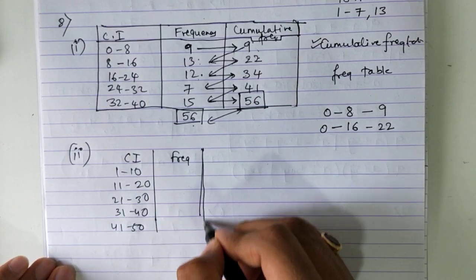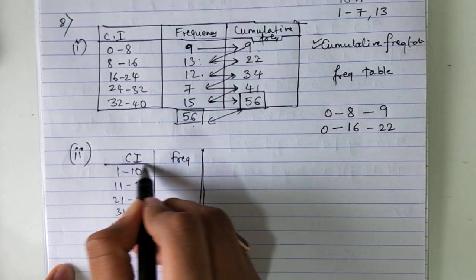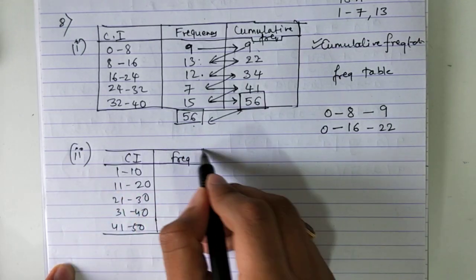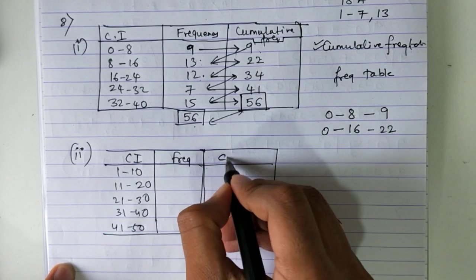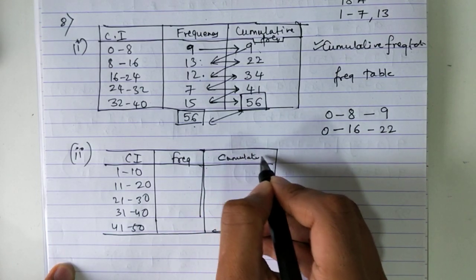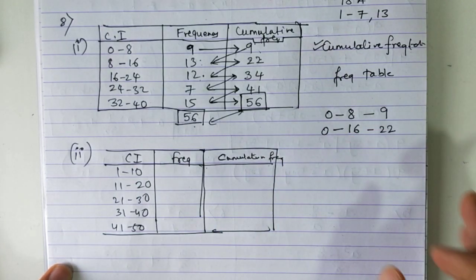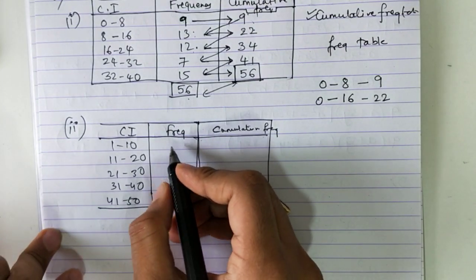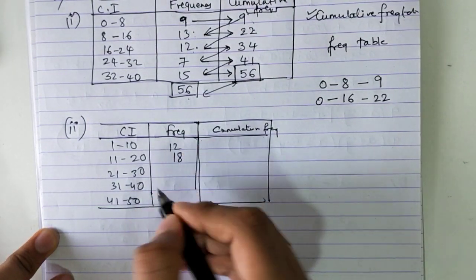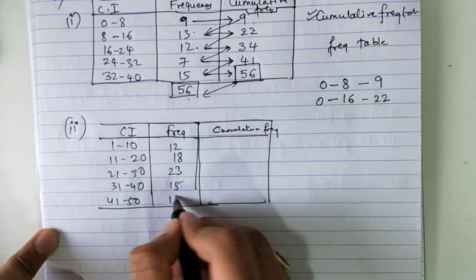In these types of sums where you have to make cumulative frequencies, this class interval is of no use, but still we have to draw it because it is a part of the question. Cumulative frequency. I'll write the frequency values here: 12, 18, 23, 15 and 10.